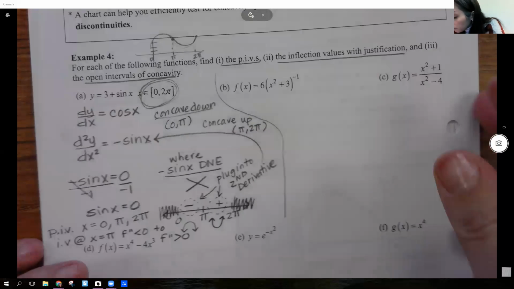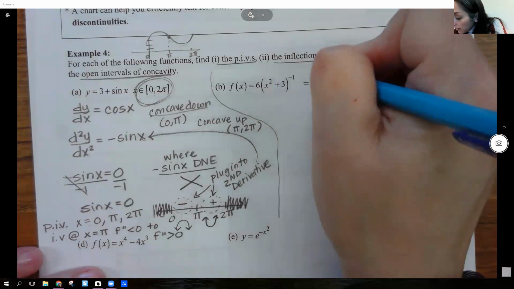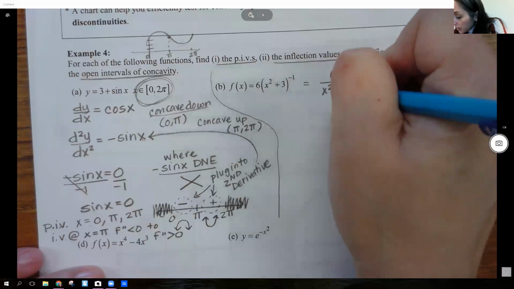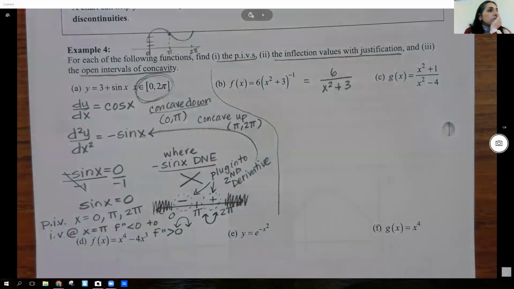So if I rewrite it with the positive exponent, that means this is all going to go down here. We have to think about discontinuities, like vertical asymptotes and stuff. The only place you'd get a vertical asymptote would be if that denominator equaled 0.